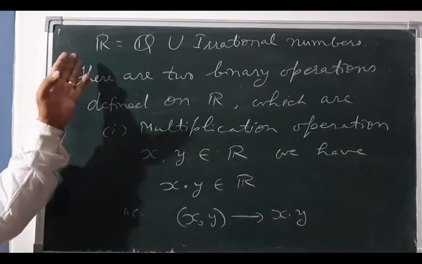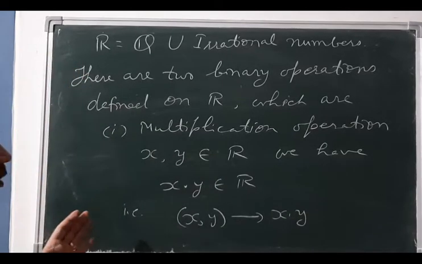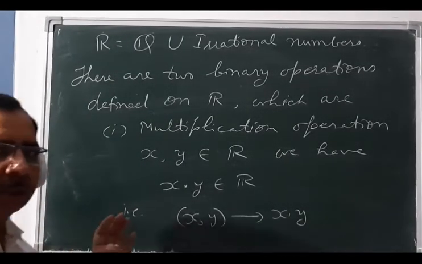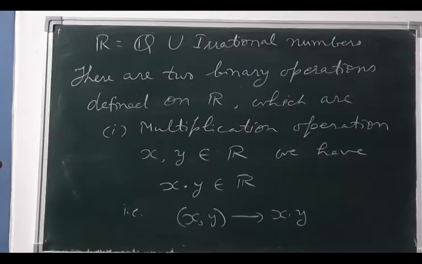So the set of real numbers is equipped with two binary operations. One operation is addition and another is multiplication.